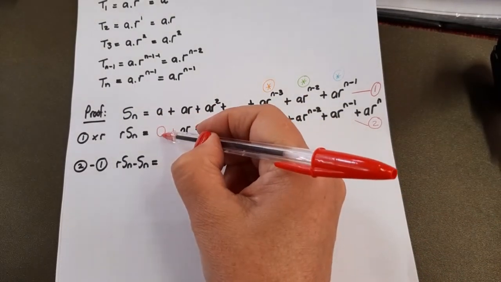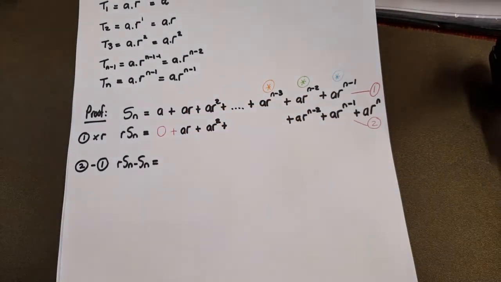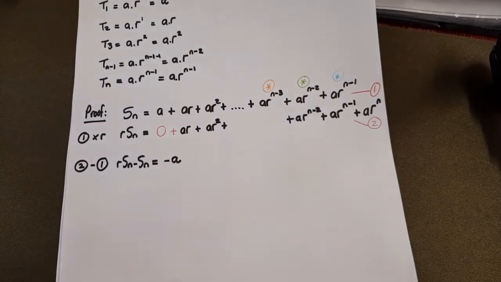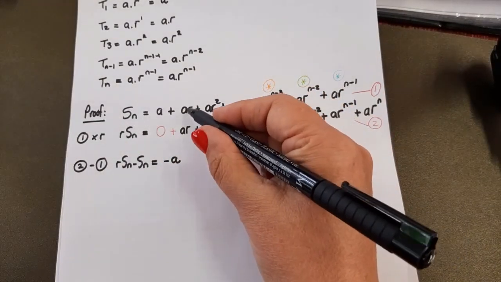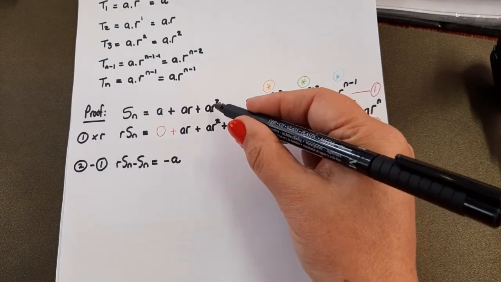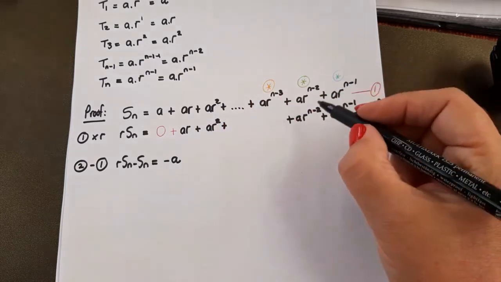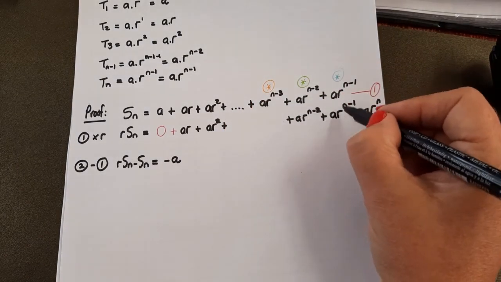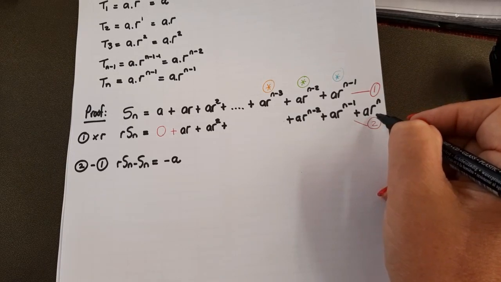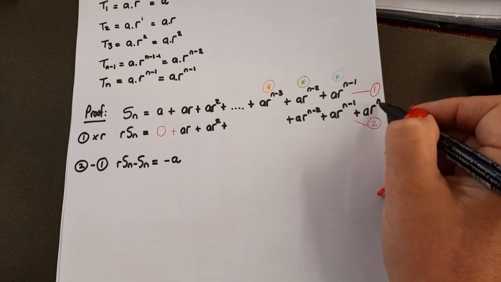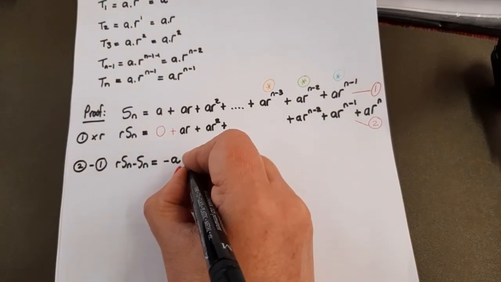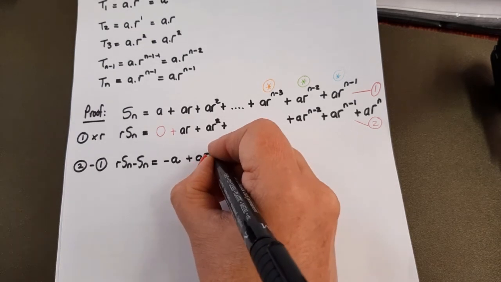So 0 minus a will give me negative a. ar minus ar is 0. ar squared minus ar squared is 0. The same here and here, but here I have a last term, ar to the power of n minus nothing. So I'm left with ar to the power of n.